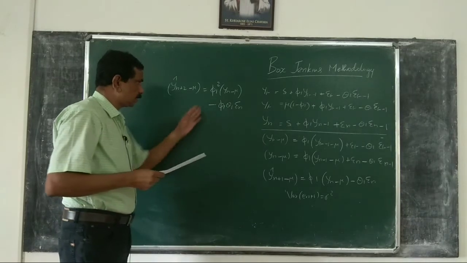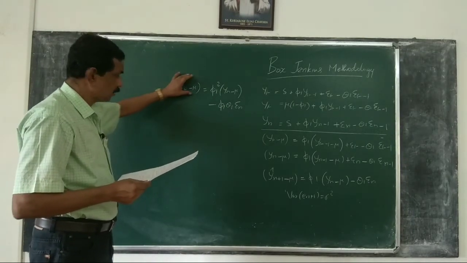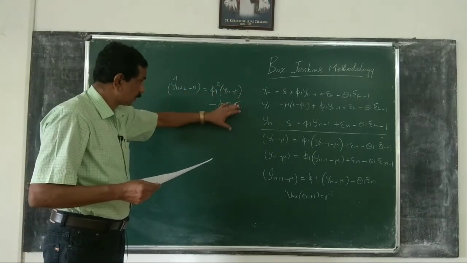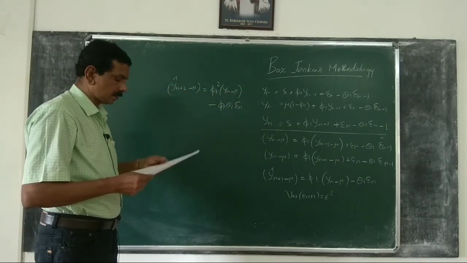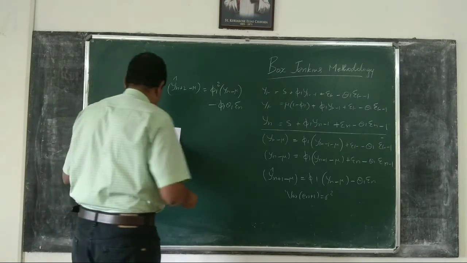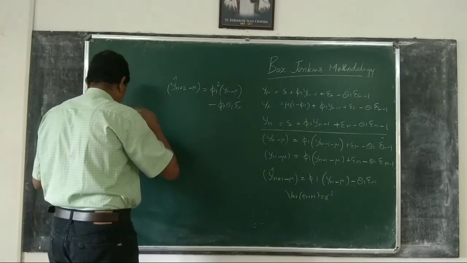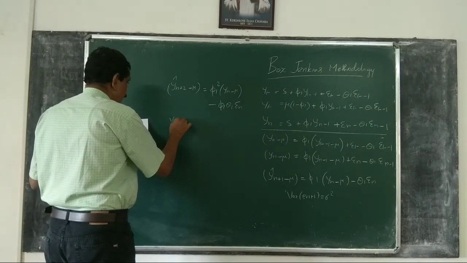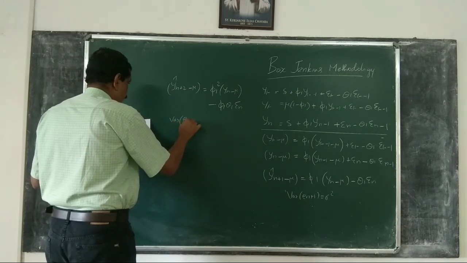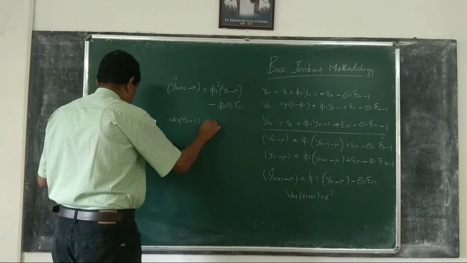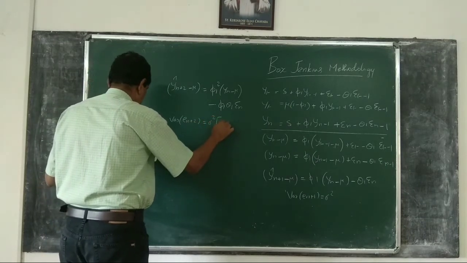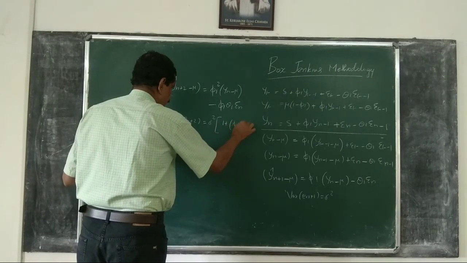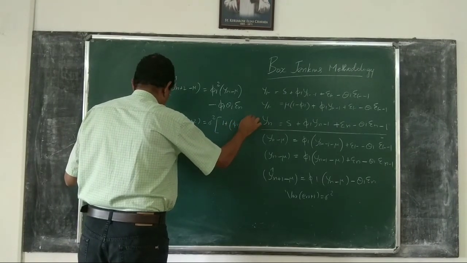As you can see, the forecast deviates from the mean in a declining exponential manner. And the forecast error variance for the second period is the variance of En plus 2 equal to sigma square into 1 plus phi 1 minus theta 1 whole square.